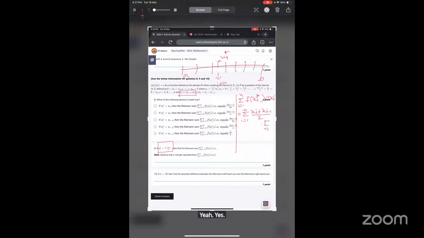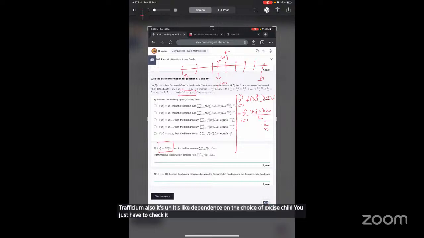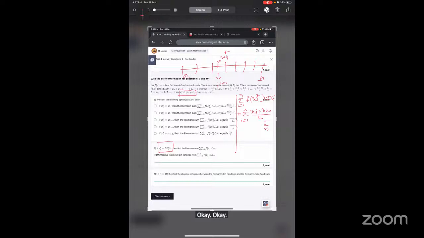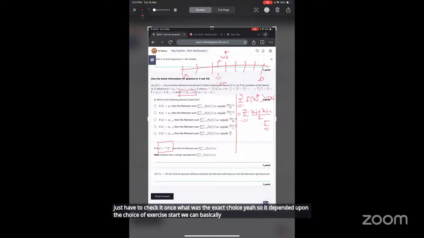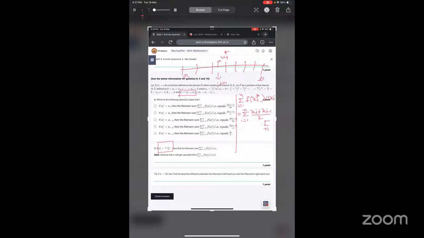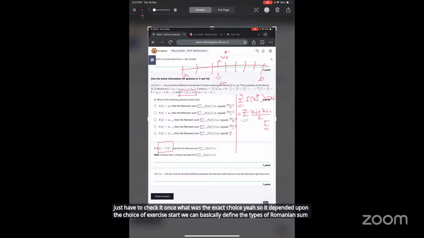And one more, we have the trapezium. Trapezium also depends on the choice of xi star. You just have to check it once. So depending upon the choice of xi star, we can define the types of Riemann sum, like left and right. Then we can define the upper sum.